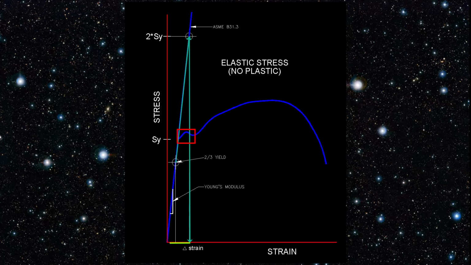So in summary, we see there are 2 kinds of displacement stresses. One is sustained and the other is self-limiting or secondary. We've also seen that both the sustained and the self-limiting displacement stress loops or cycles are both repeatable from load to no load states.